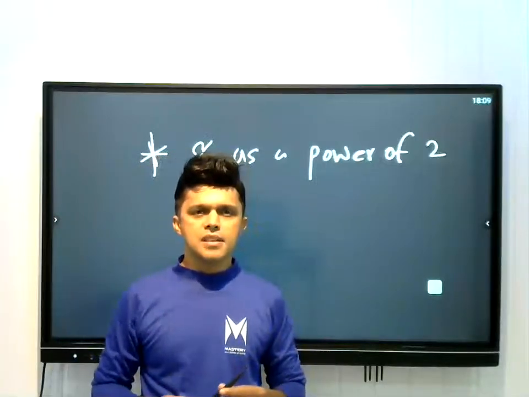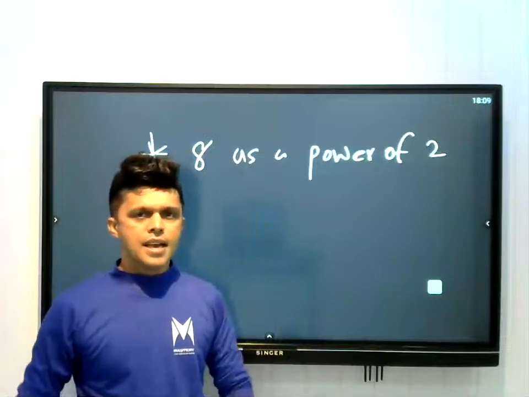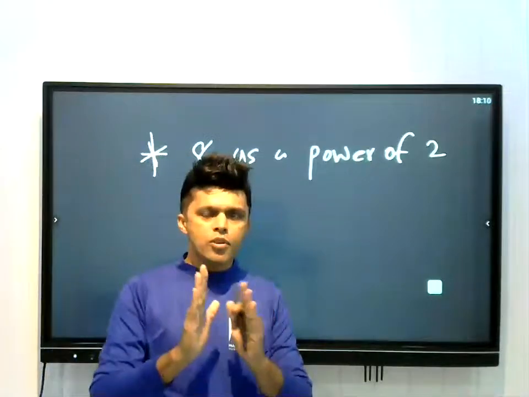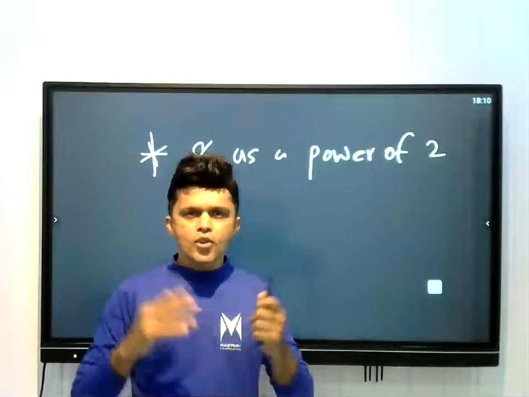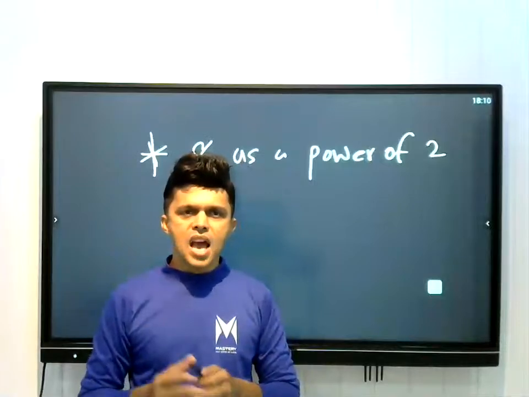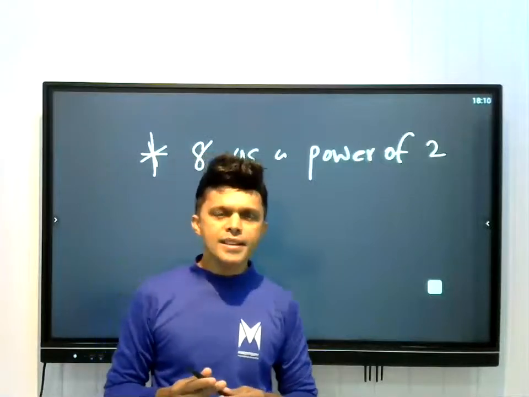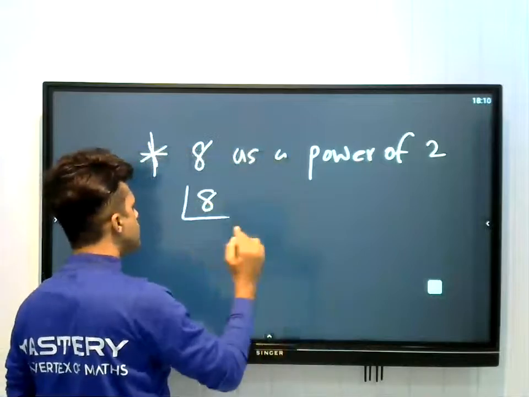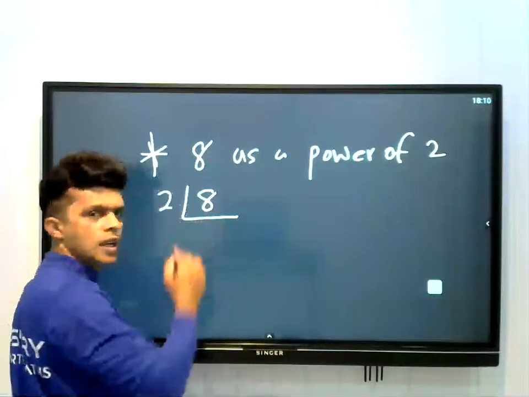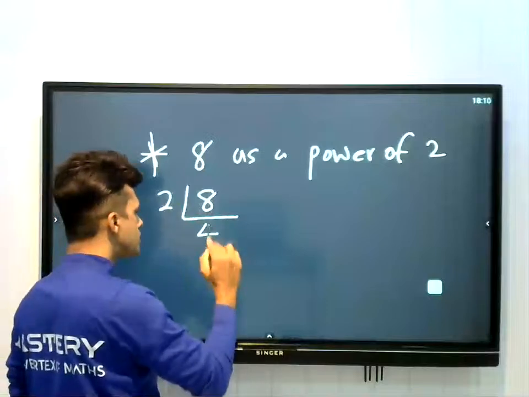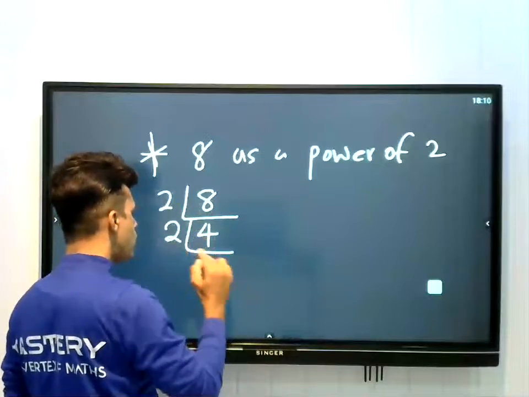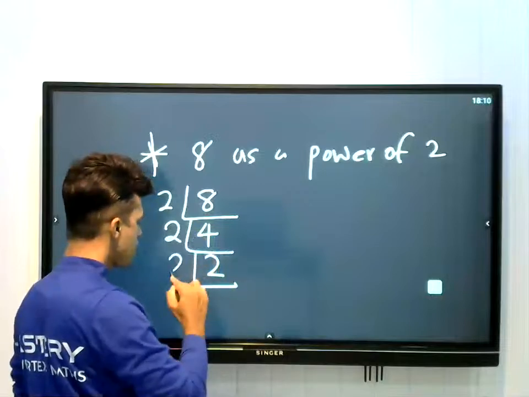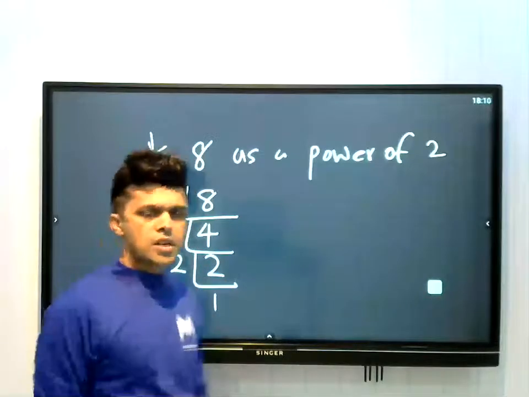How can you write 8 as a power of 2? 8 is divided by 2. 8 upon 2 is 4. 4 upon 2 is 2. Then 2 also can be divided by 2. 2 upon 2 is 1.